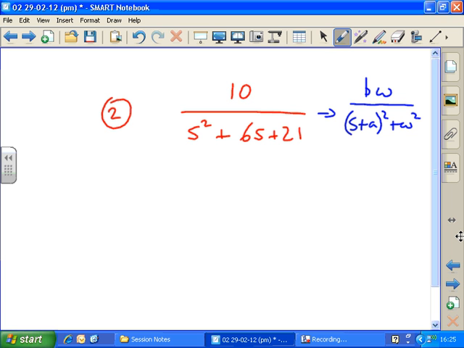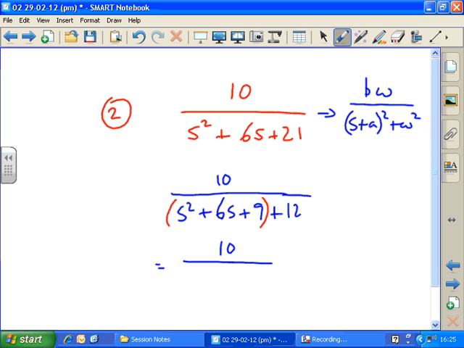Half of 6 is 3, 3 squared is 9. So what I need is 10 over s squared plus 6s plus 9 plus 12. So I split that 21 into 9 and 12. Then I can say that this part is a perfect square, and so I can rewrite that as 10 over s plus 3 all squared plus 12.